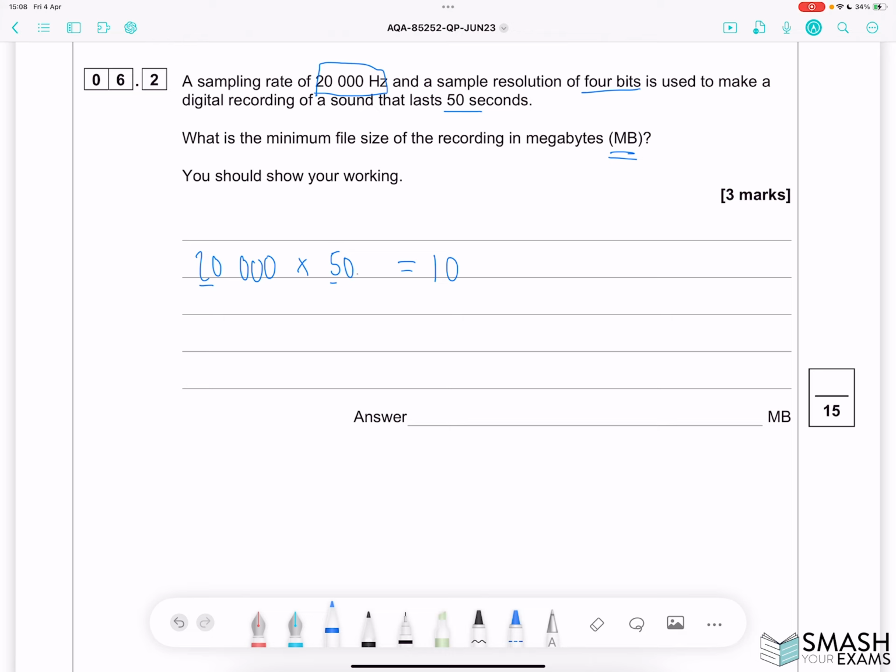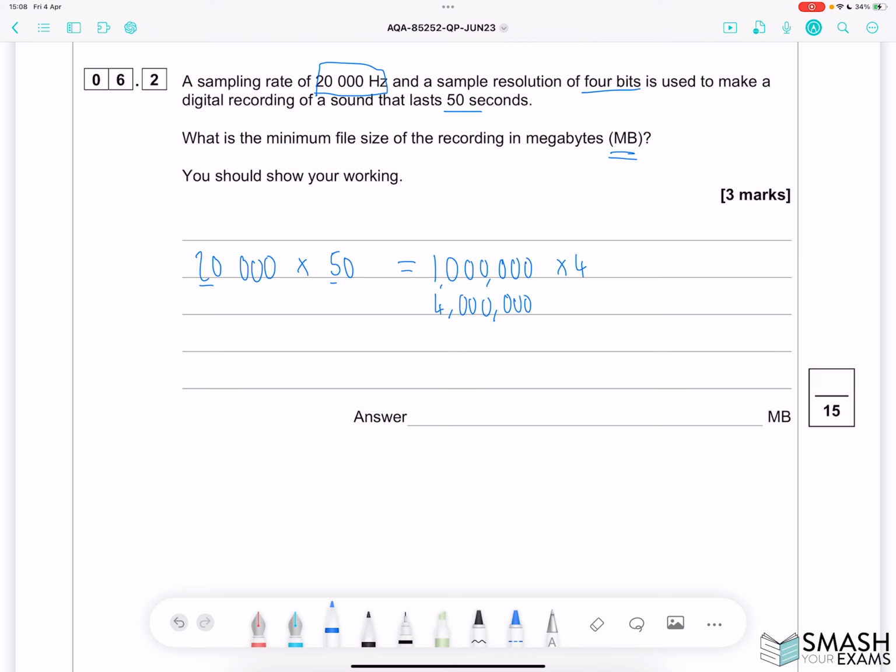And I'm going to put all the rest of the zeros on, which means we've got 1, 2, 3, 4, 5 zeros to add on there. And then we can just section them off. So that basically gives me 1 million at that point. From there, we also know that it was based on 4 bits. Well, 1 million times 4 is pretty straightforward. That's going to give us 4 million.